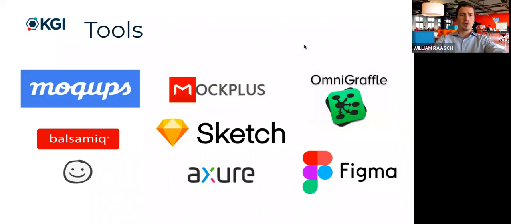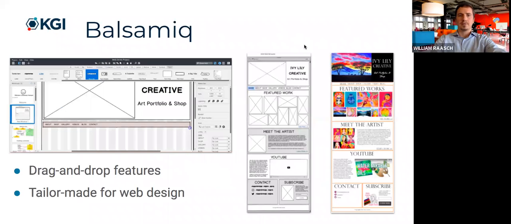So these are just some tools that can be helpful for creating mockups. One tool that I want to go over, because we're going to use this for our midterm creation of mockups, is called Balsamiq. And I think the best way to describe Balsamiq is it's basically PowerPoint for wireframes.